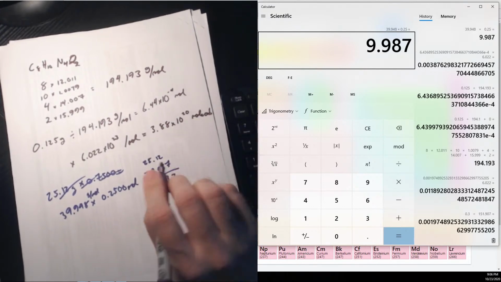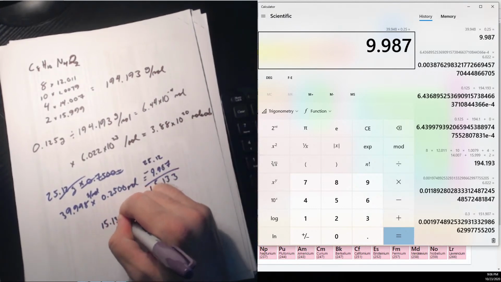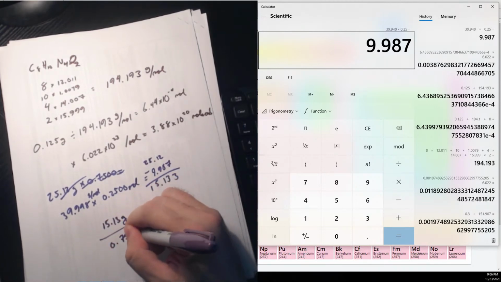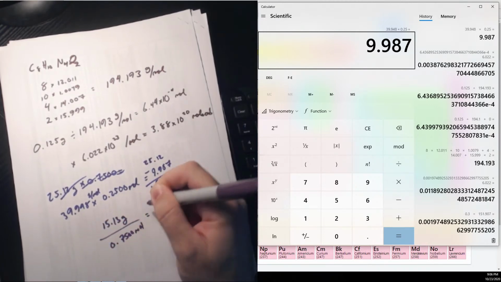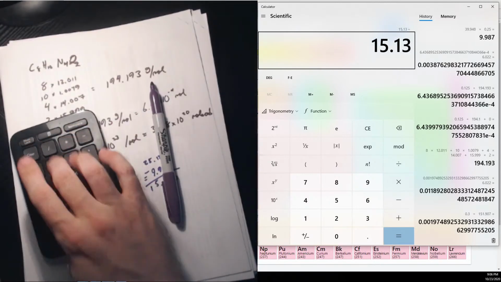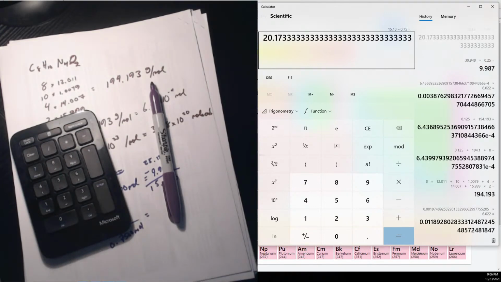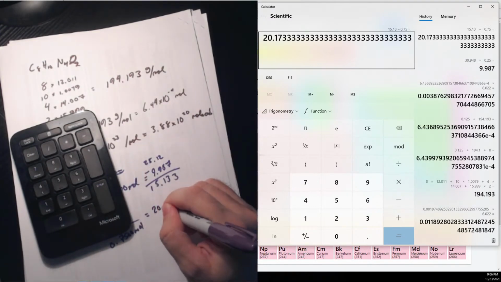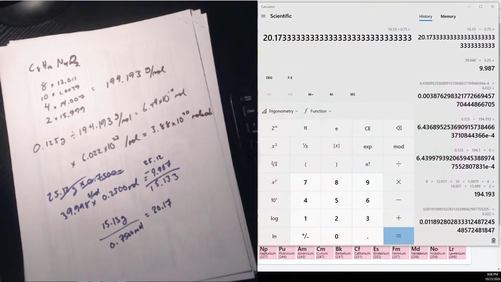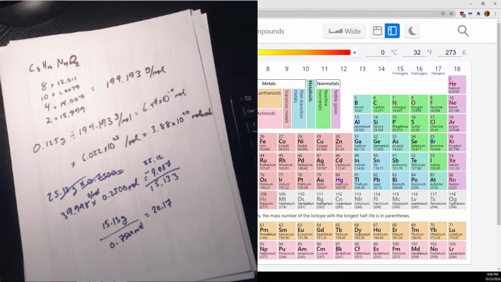So we have 15.13 grams of the other thing, but it's 0.75 moles. That gives 20.17, so that means that we're probably looking at neon. Yep, that is neon.